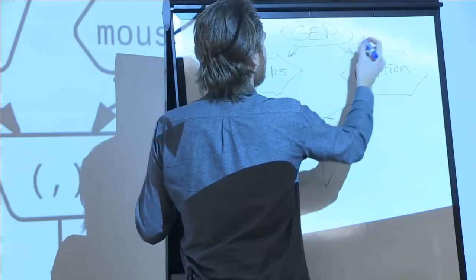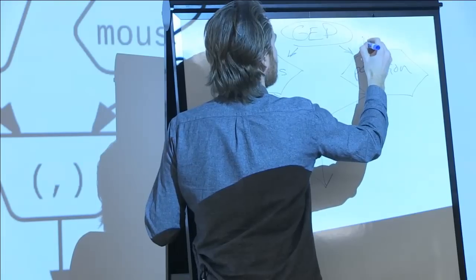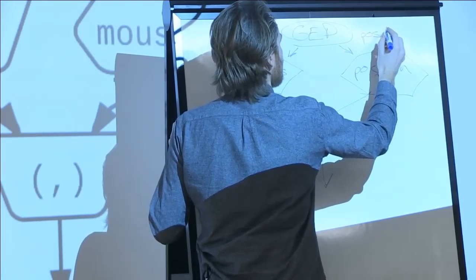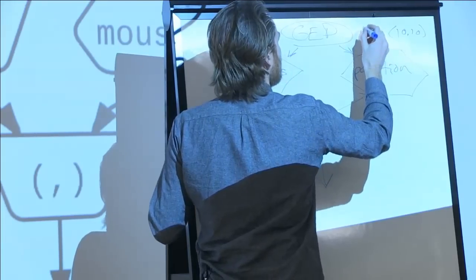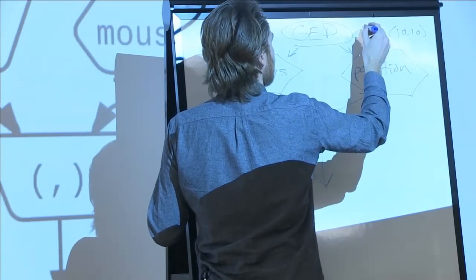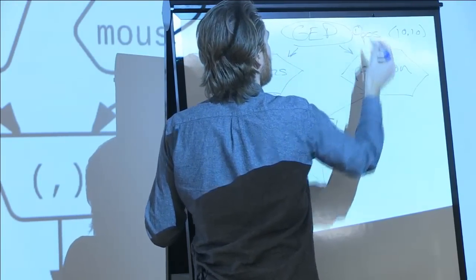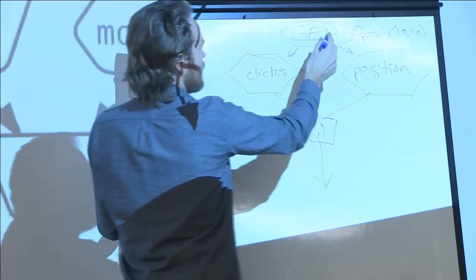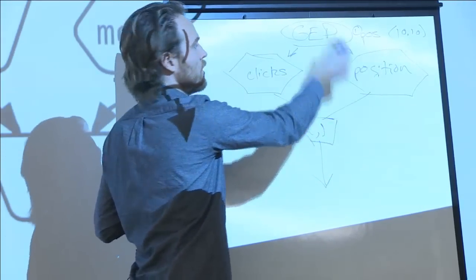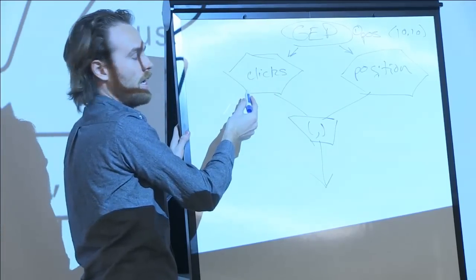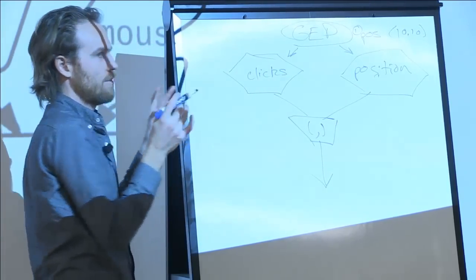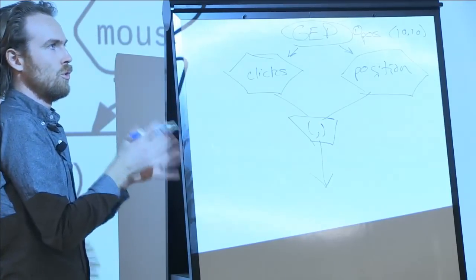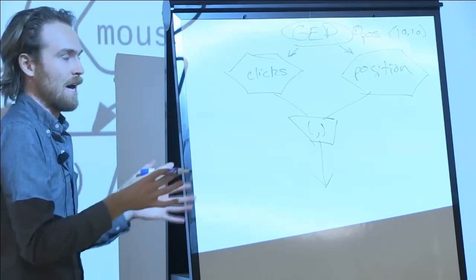So you get a position event, position 10, 10. That event gets sent to the position input, but it also gets sent to the clicks input. And the reason it's sent to the clicks input is so that the clicks input knows that something happened.